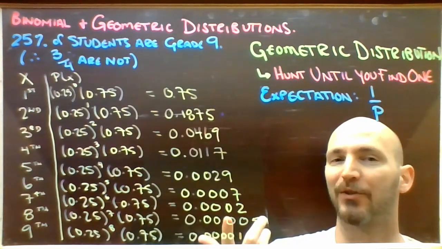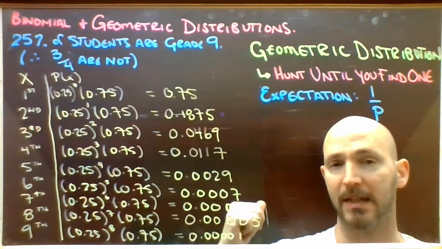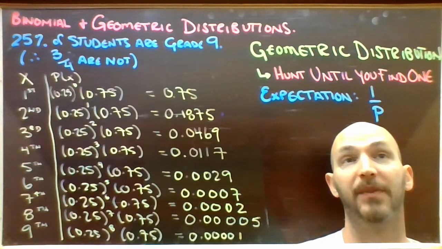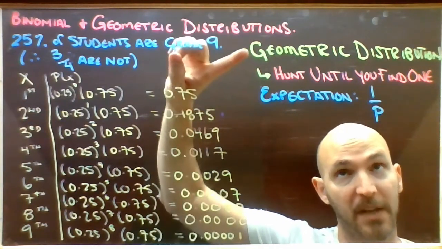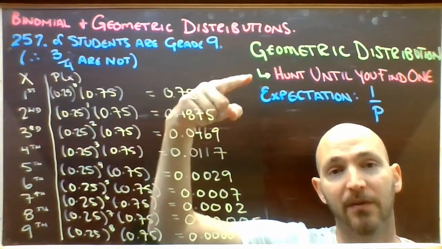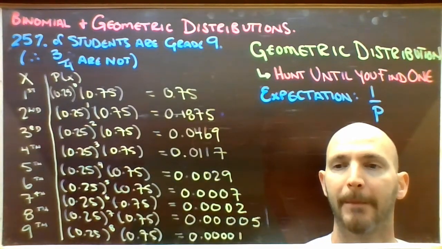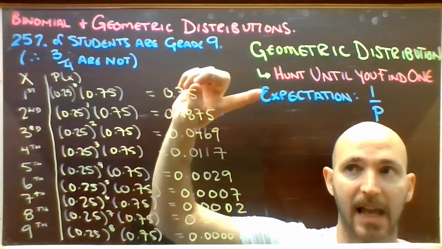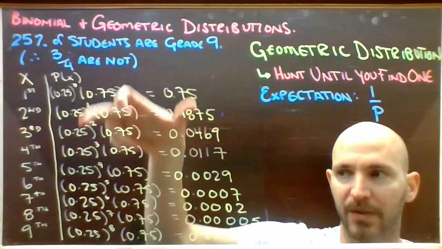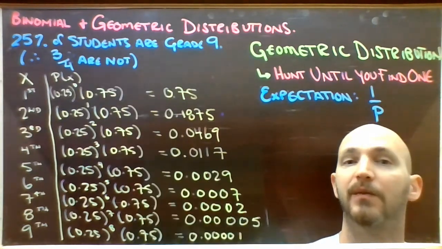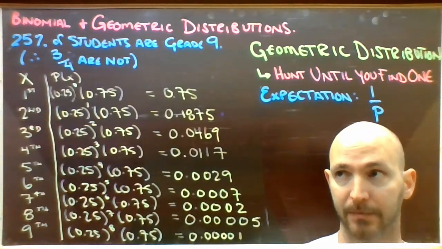Because as soon as you get your delicious chocolate chip one, you stop and you leave, leaving all the disgusting raisin nonsense all over the counter. So if that's what you're doing, a geometric distribution is for the behavior of hunting until you find what you're looking for. And if that's the case, the expectation value for this distribution is 1 over the probability of finding the thing that you're after.